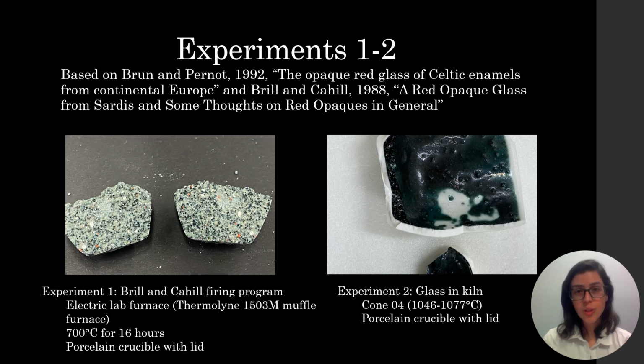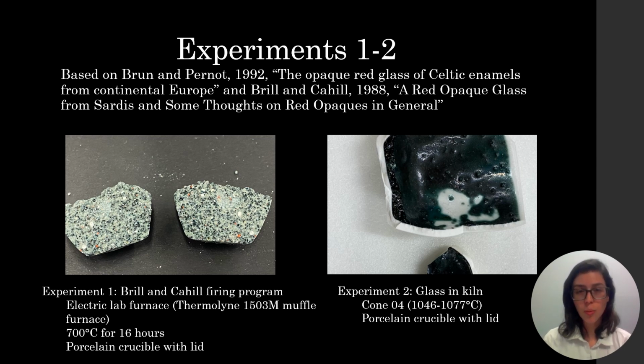We could not use the same furnace for the second experiment and chose to use a kiln instead. We used the same mixture from experiment 1 and added it to a porcelain crucible with a lid again. The highest temperature cone on hand, a cone 04, which reaches 1046 to 1077 degrees Celsius, was placed in the furnace, and the mixture was left in the furnace for 6 hours.